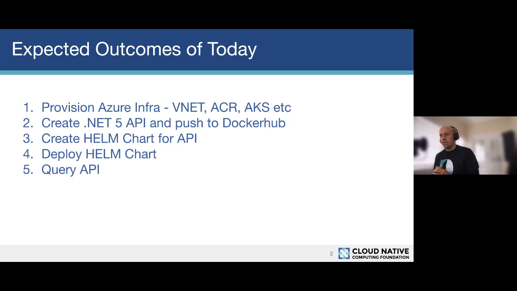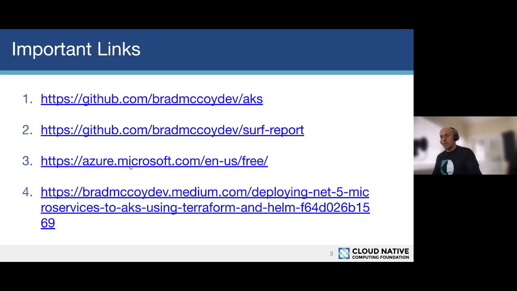And then we'll create a .NET 5 API and push to Docker Hub, just to make it a little bit easier, because 60 minutes is not much time to do all this. And then we'll create a Helm chart also for the API, and then we can deploy the API using Helm to our Kubernetes cluster.